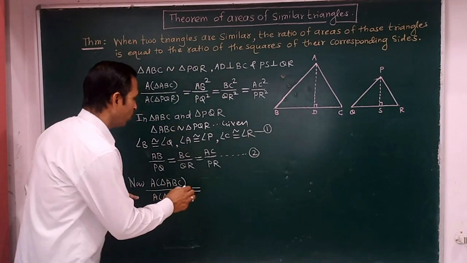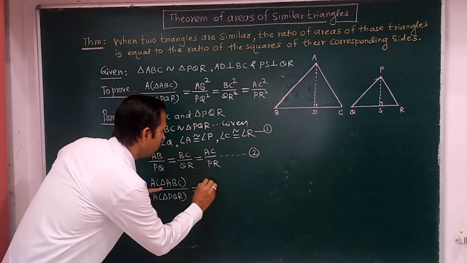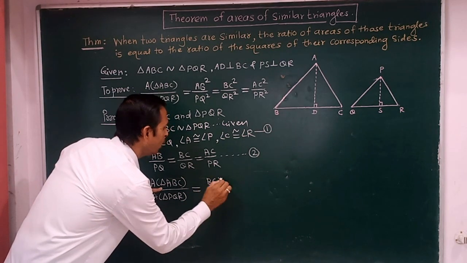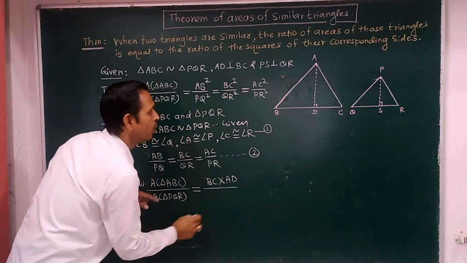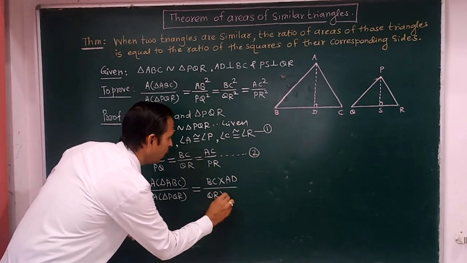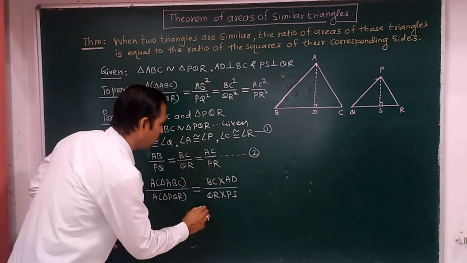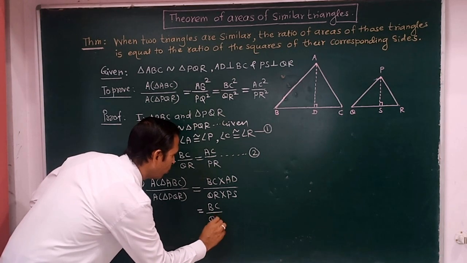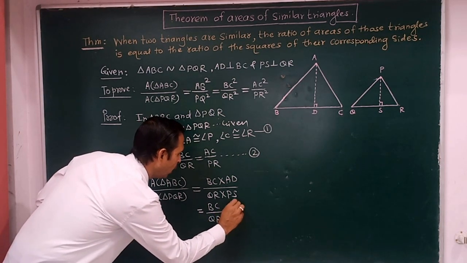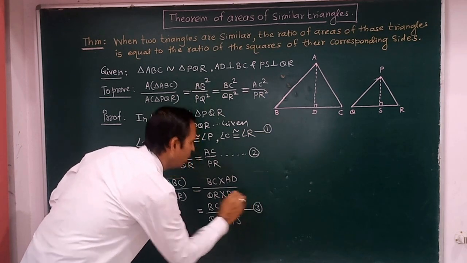So we write the product of base and height of triangle ABC, that is BC into AD, upon QR into PS. This ratio can be written like this: BC upon QR into AD upon PS. Now this is statement number 3.